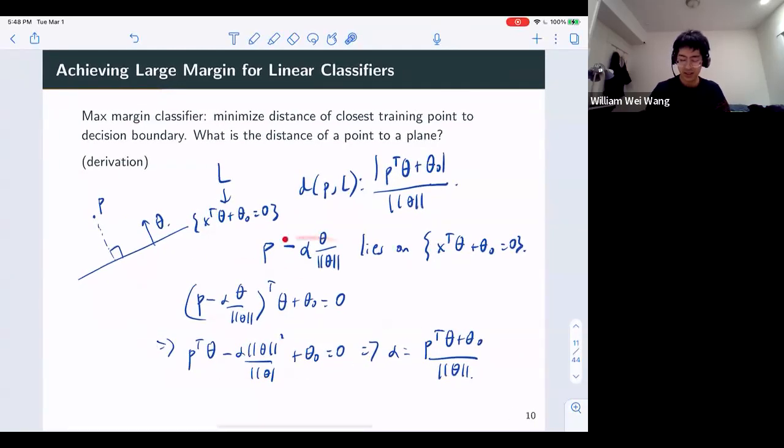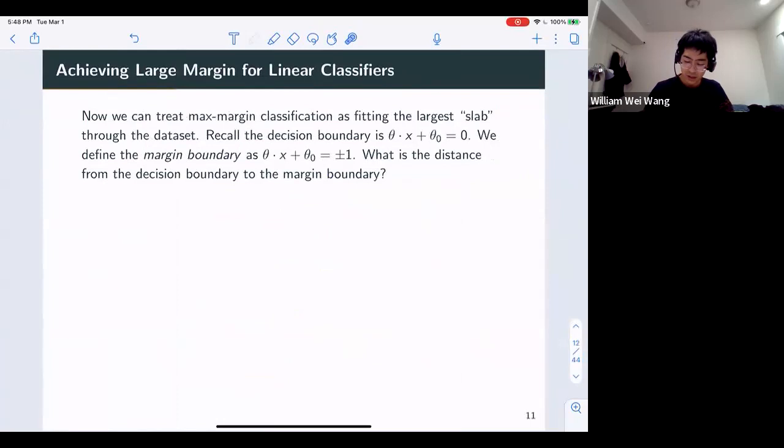All right, so this is a distance from a point to a line, and you can derive it with this cute little derivation where you start from P and then you walk in the direction of theta. Well, now we can actually address what max margin linear classification is, right? Basically we have this decision boundary of theta dot x plus theta naught equals 0.